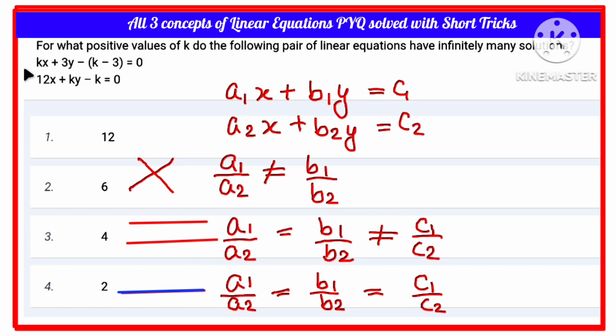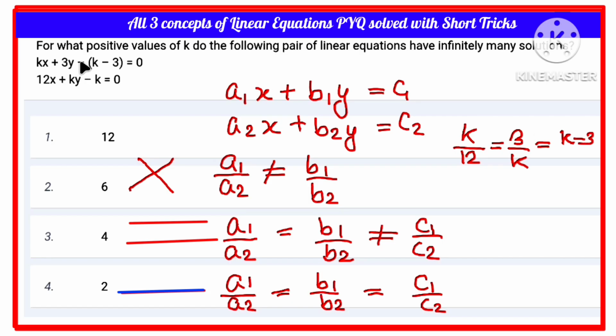So let us consider here. As you can see, a1 is k, so k divided by a2, that is 12, will be equal to b1, that is 3, divided by b2, that is k over here, and this will be equal to c1, that is k minus 3.